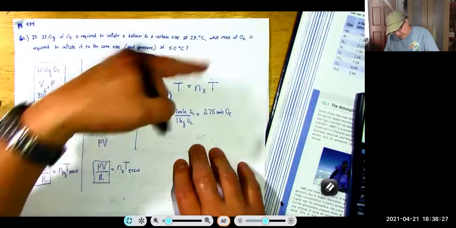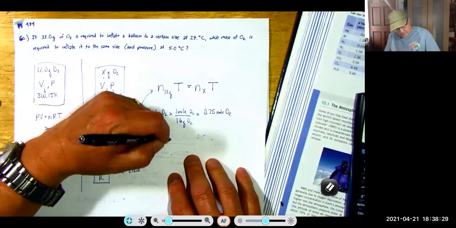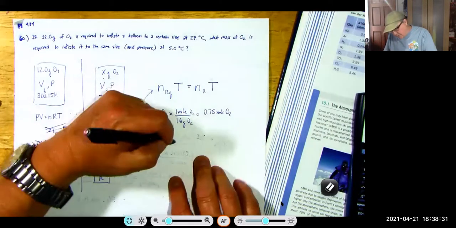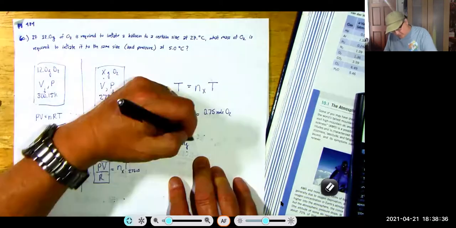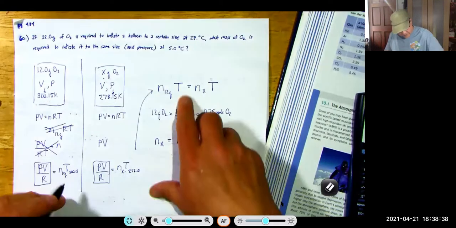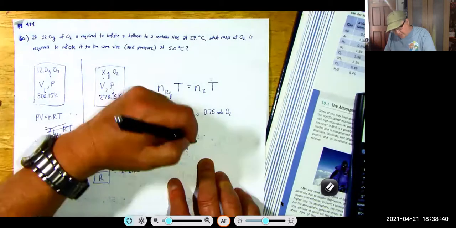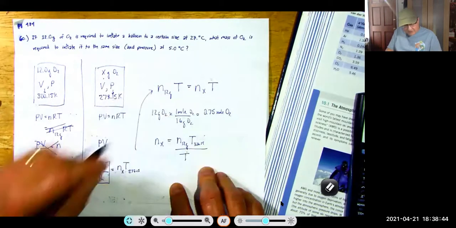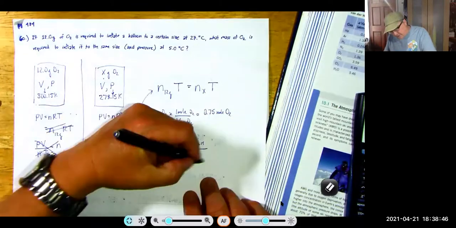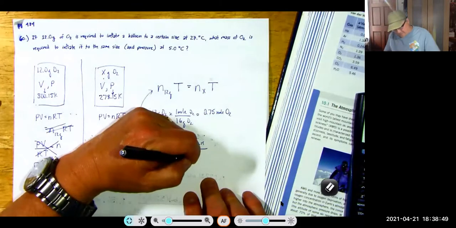So here we can say that nX is equal to the moles of that 12 grams of oxygen times the temperature of that 12 grams of oxygen, and that's the one where it's 300.15, divided by the temperature of this oxygen, which is 278.15.